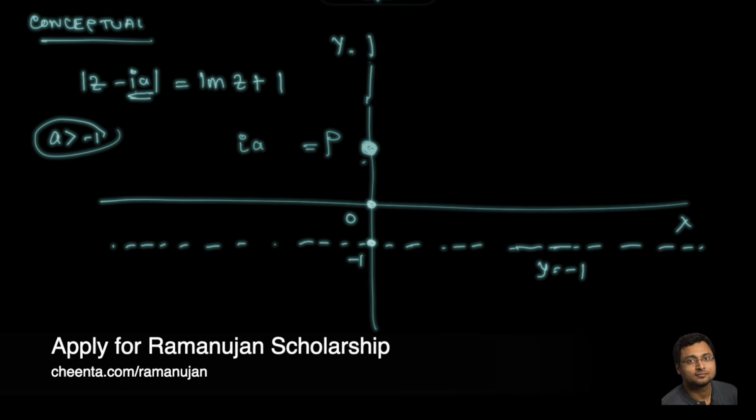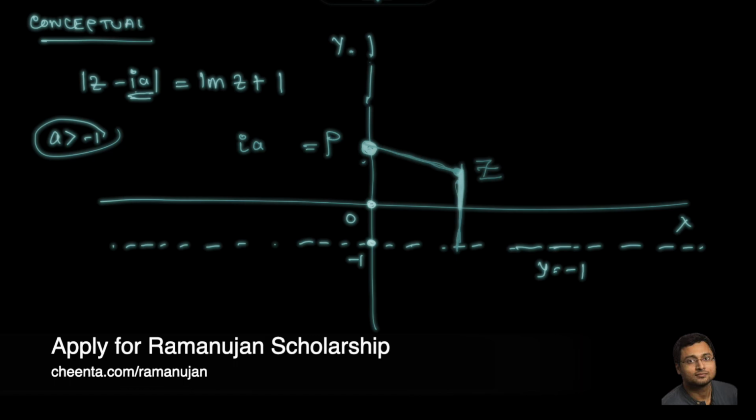Now we want all such complex numbers z whose distance from P is equal to the distance from the y equals -1 line.